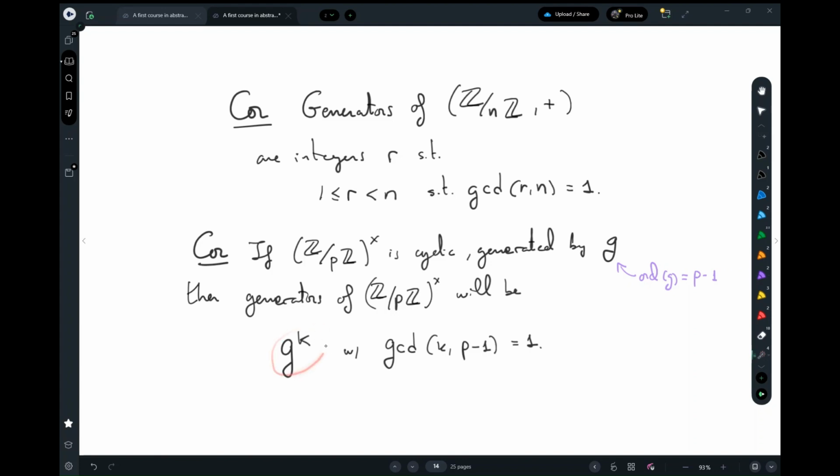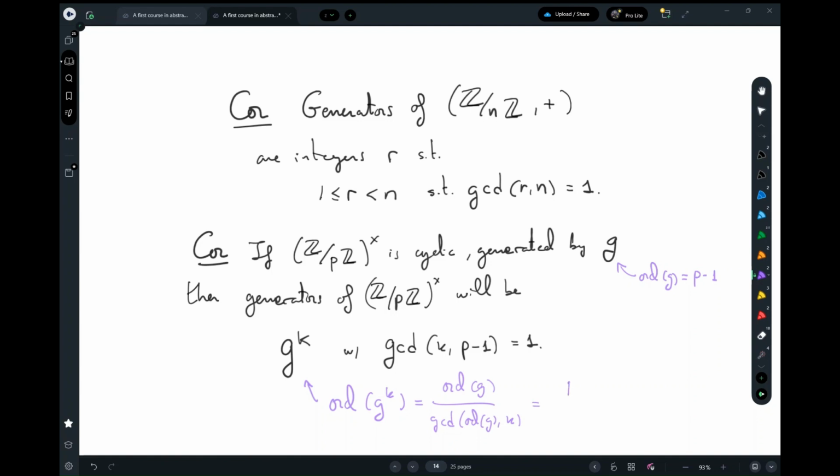And we know we want another generator, so it will be a power of g that also has order p minus 1. But the order of this, by our formula, will be the order of g divided by the GCD of the order of g and k.